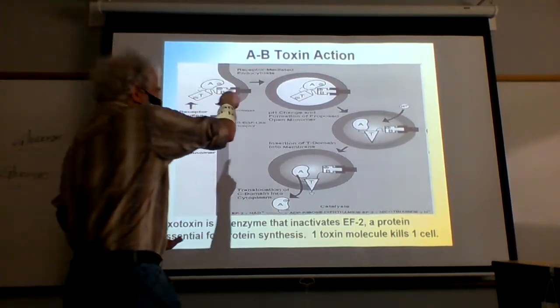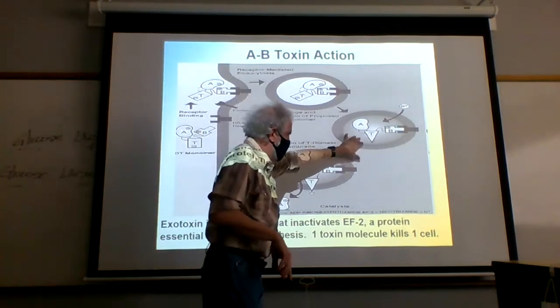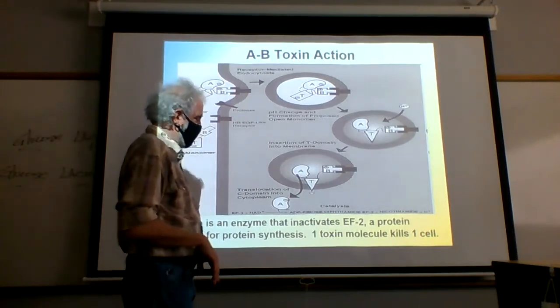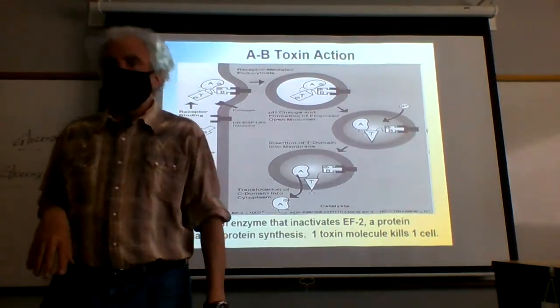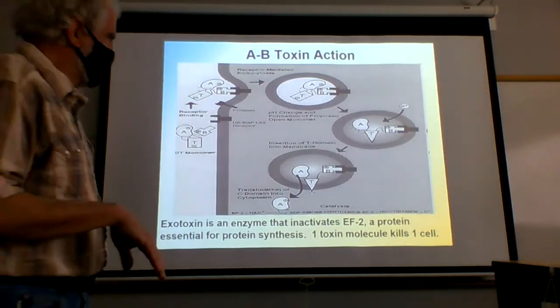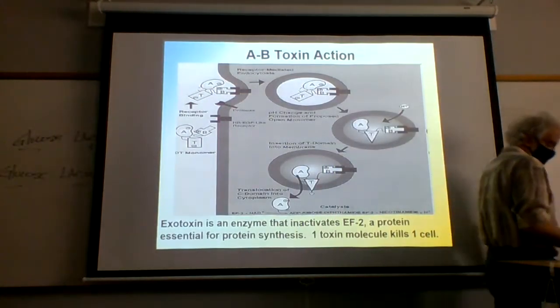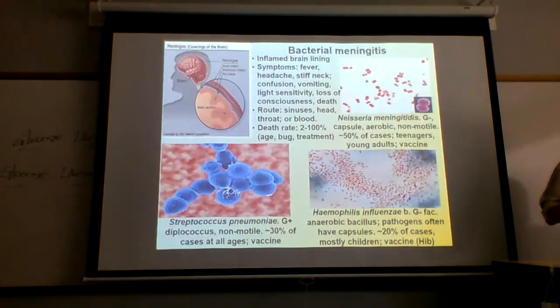And once you let this thing into the cell, it's actually able to release a component inside the cytoplasm that can now begin blocking the ability to make peptide bonds. And so it's a fairly stealthy and nasty kind of toxin that gets in fairly easily, and it doesn't take a whole lot to start screwing the cells up.